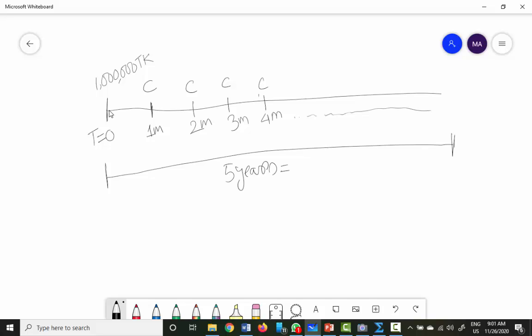In 1 year we have 12 months, so you need to pay 12 installments. So in 5 years you will need to pay 5 multiplied by 12, that is 60 installments or 60 payments.